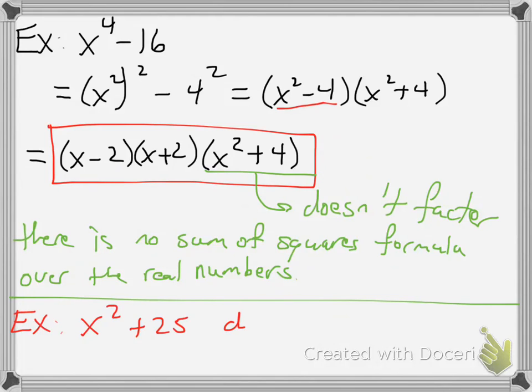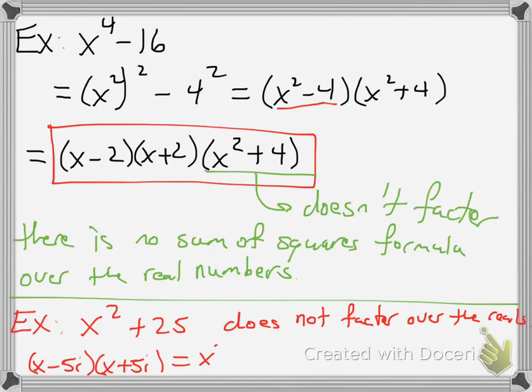Okay, and just for fun, I'll show you an example here. X squared plus 25 doesn't factor over the real numbers, but it does factor over the complex numbers. Remember we said i squared is negative 1. So let's look at x minus 5i and x plus 5i.